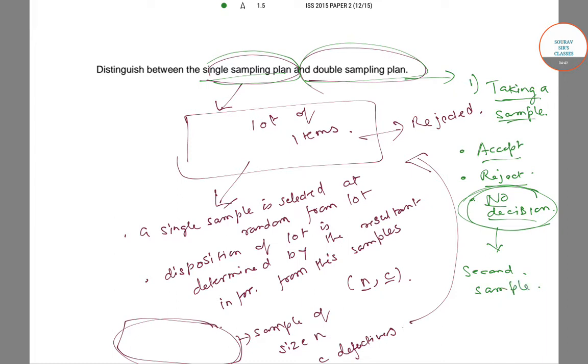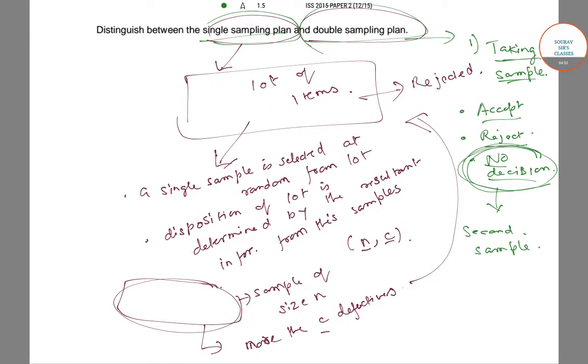When no decision is made from the first sample, we take the second sample, and then we combine the results of both the samples and take the final decision.